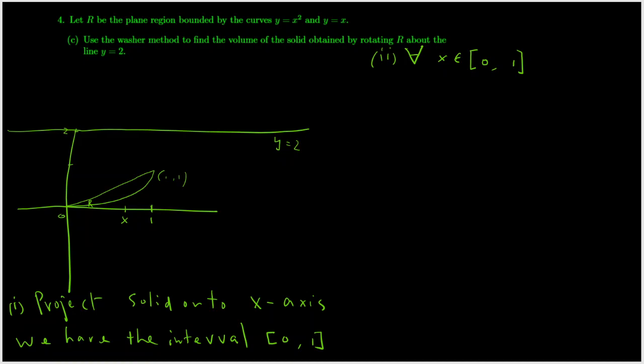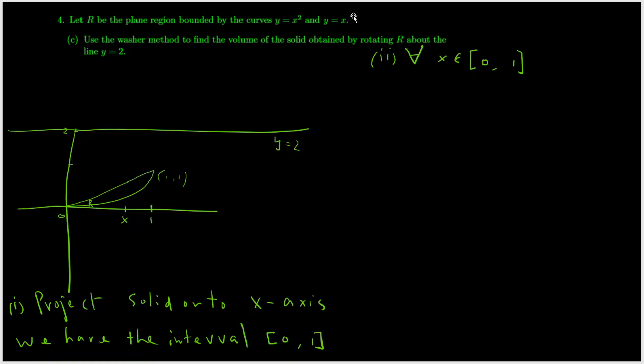Now you imagine the cross section. First of all, you imagine the solid, the 3D shape, and then you imagine the cross section. It's not too hard to understand. The cross section is also a washer.